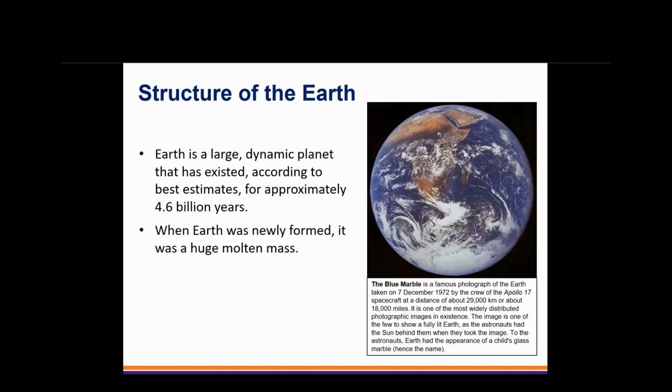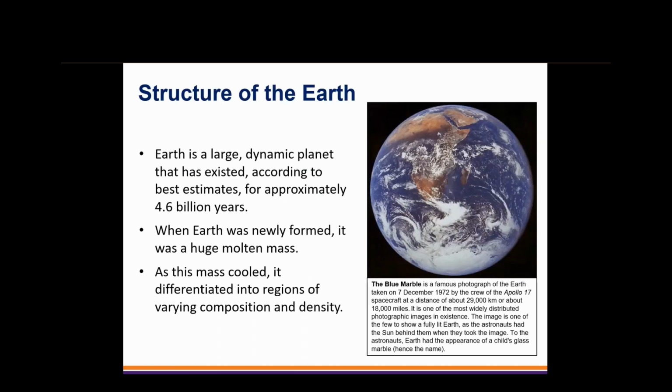As this mass cooled, it differentiated into regions of varying composition and density. So the Earth is made up of different layers. As you can see from here, the Earth is not flat.